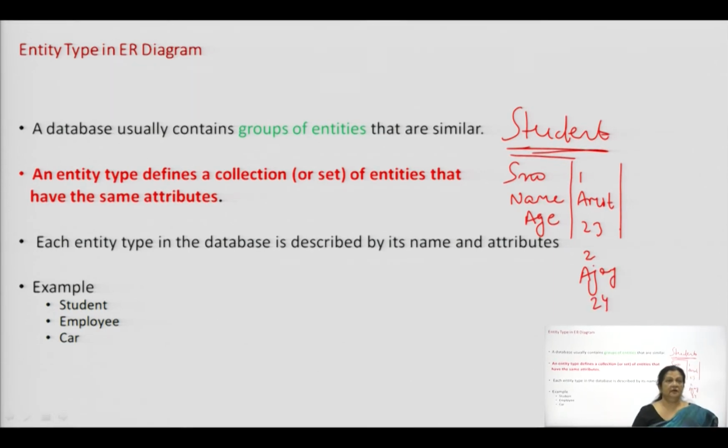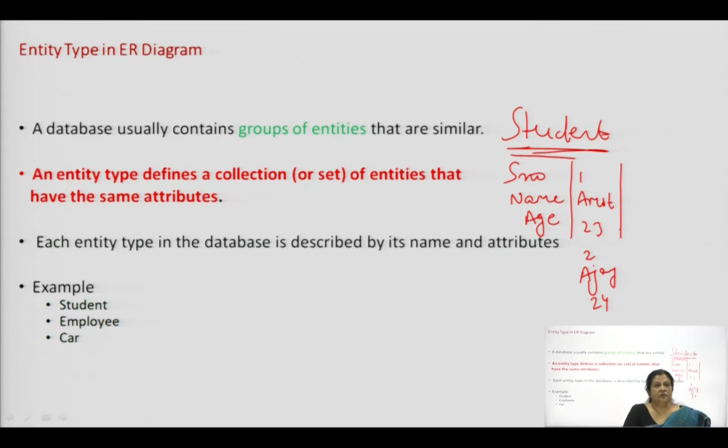So, this means that an entity type is a collection of the entities that have the same properties. All the students in the class have the same properties of interest in our database. That is, the properties of interest for the student are student number, name and the age.